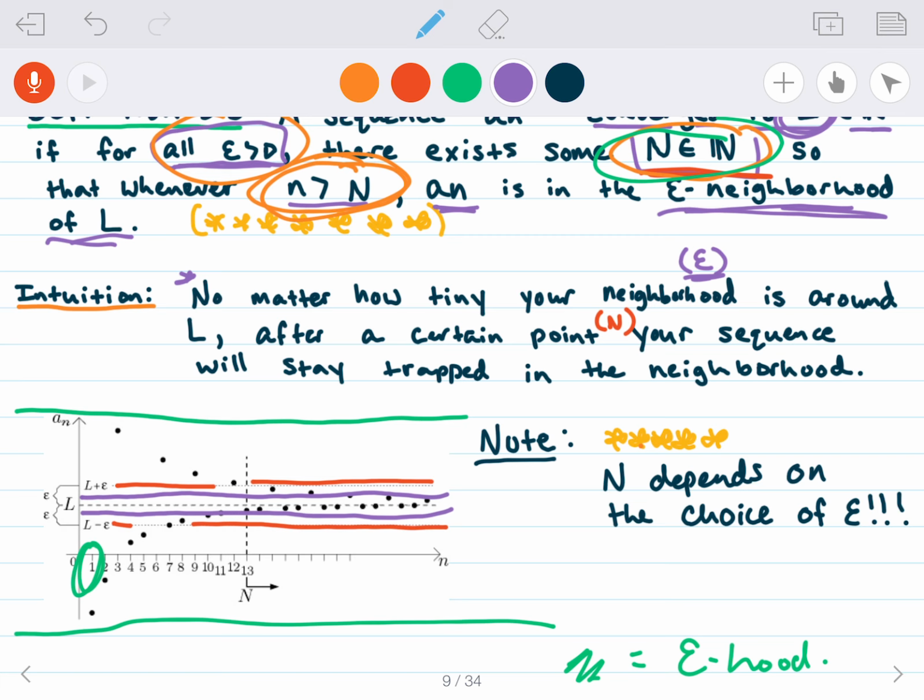Because this guy is outside of the hood, this guy's outside of the hood, I need N to be at least 14, 15, 16, 17, 18. This is N equals 18. So I need N to be 18, and then past N equals 18, everybody's trapped in the purple hood.